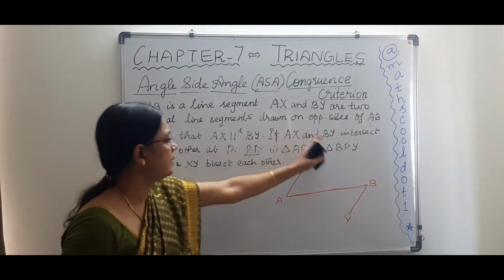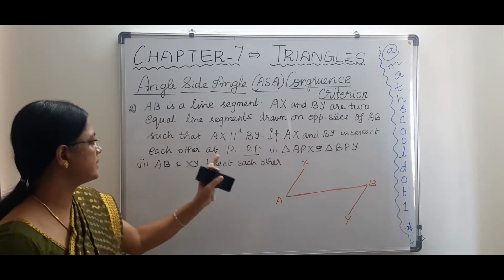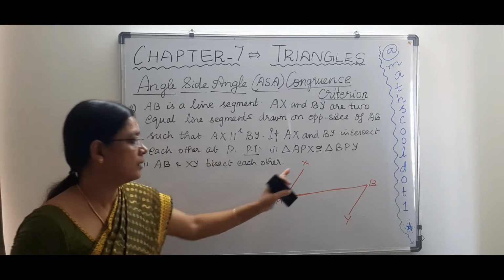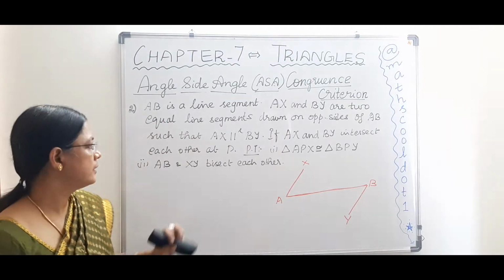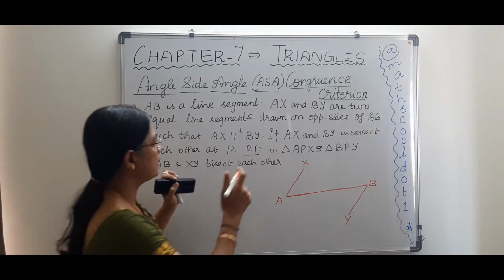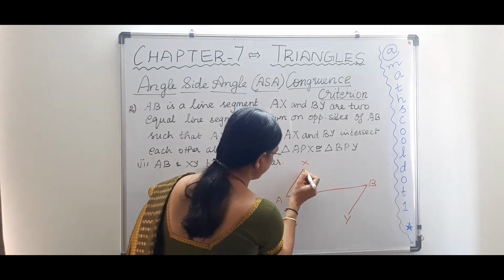Now AX and BY intersect each other at P. Now how do we draw this?